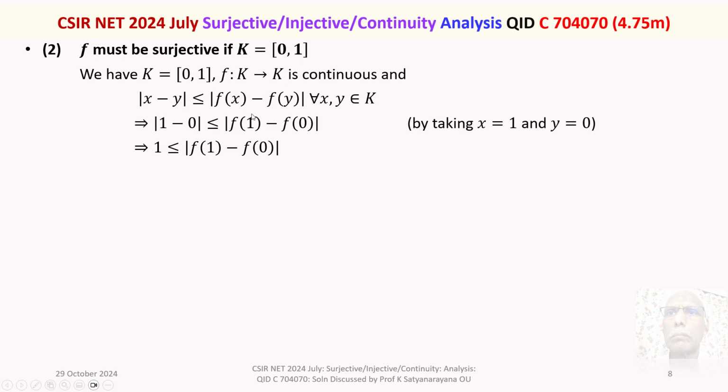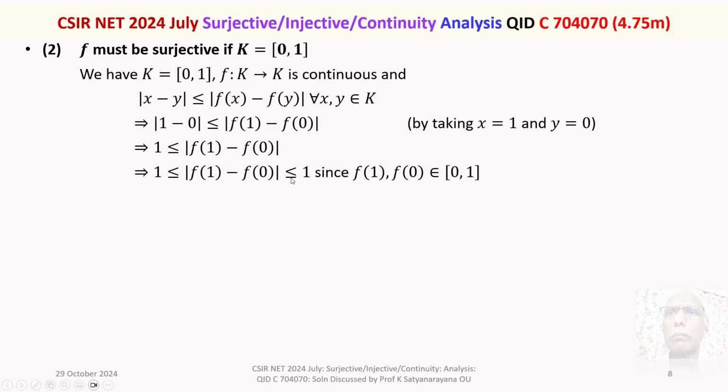So f of 0 belongs to k and f of 1 belongs to k. k means the closed interval 0 to 1. Then what will be f of 1 minus f of 0? It will be less than or equal to 1. So this will be 1 less than or equal to mod of f of 1 minus f of 0, which is less than or equal to 1.